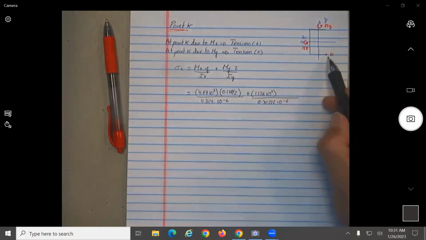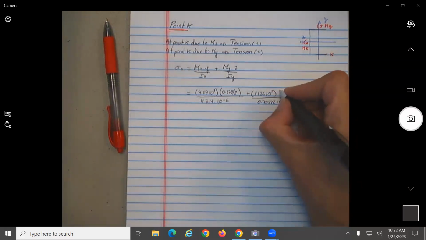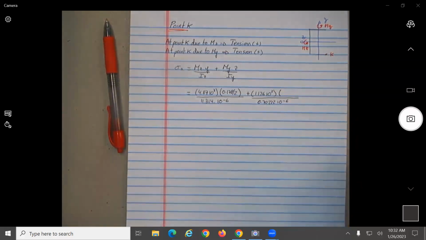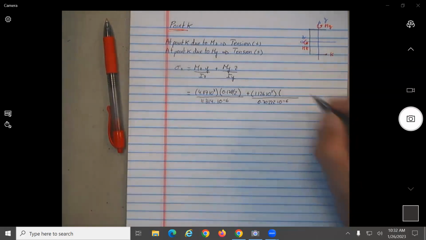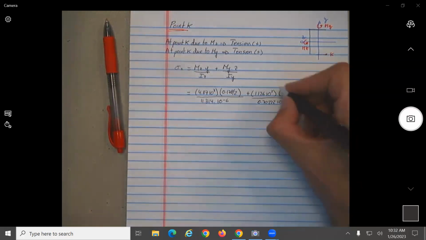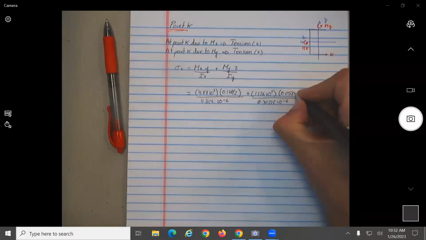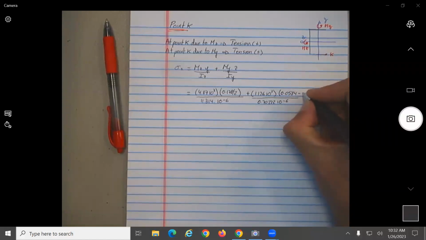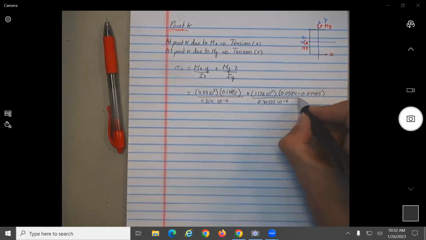But now we need to be careful here. What is the value of the K for the Z? We said it was equal to BF. What was the value for BF? Is it 584? 58.4, so it will be 0.0584 minus 0.01465, I think. Does it matter that they were negative? That's what I'm saying.